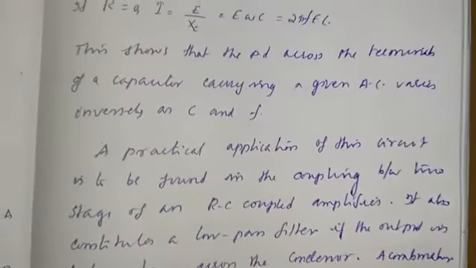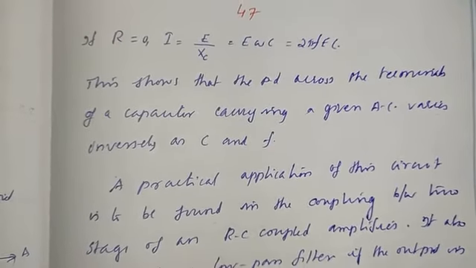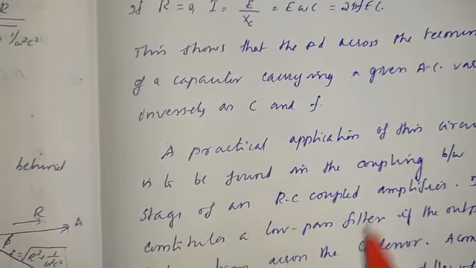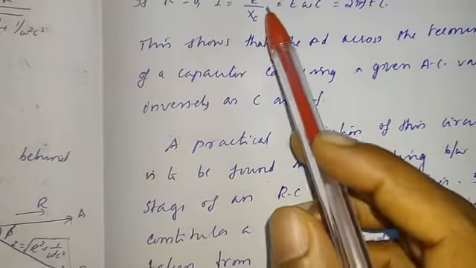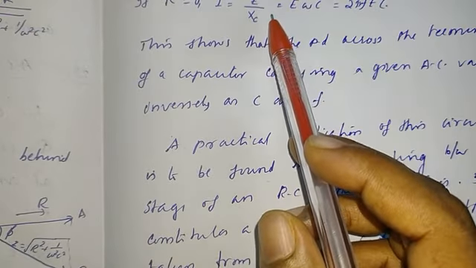If R is equal to 0, then I will be purely E by Xc.